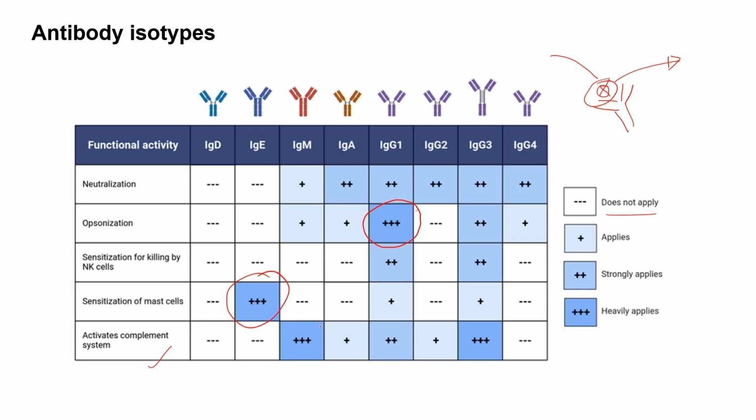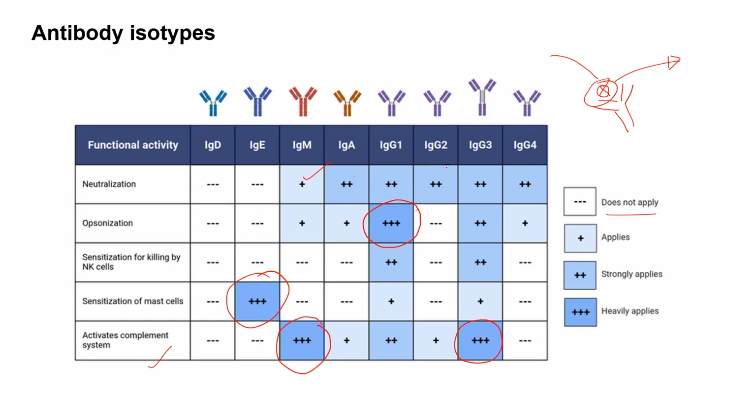For complement activation, IgM is very important, and also IgG3, that is what we discussed in the earlier slides. In terms of neutralization, we do not see any specific player doing it very strongly, but every immunoglobulin could do neutralization to some extent.